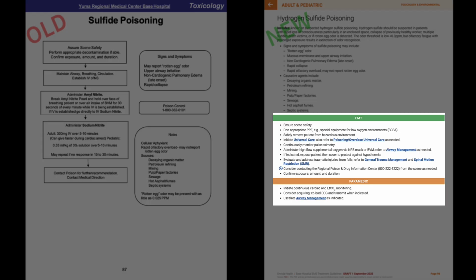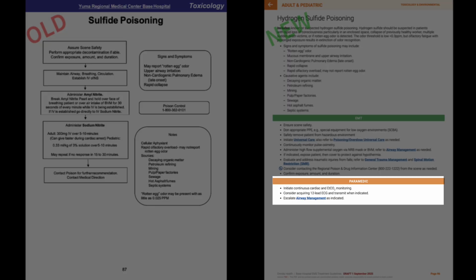It updates the Poison Center contact information to the national 800 number, replacing the old phone number in the YRMC version. It encourages early pulse oximetry, oxygen therapy, and patient removal from the exposure environment, and it adds a reminder to assess for traumatic injury from falls or syncope, something particularly important in confined space rescues.